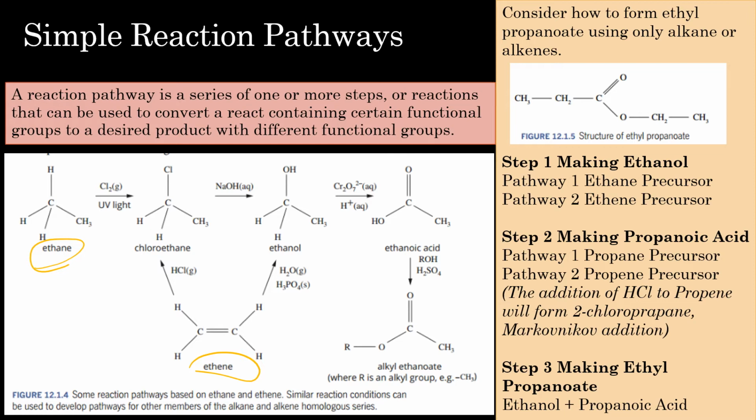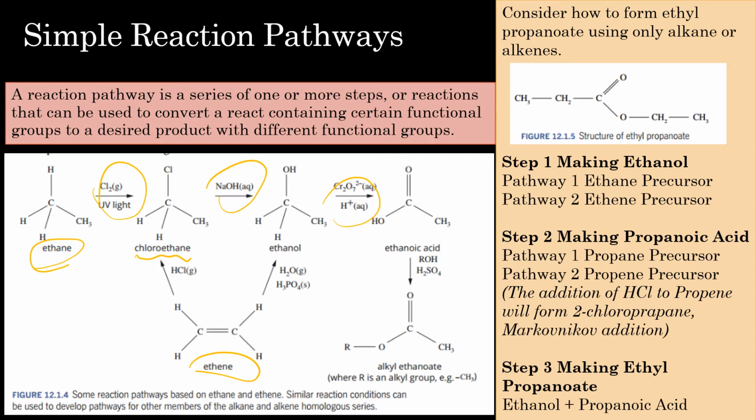So we've got ethane, and we can go from ethane to a haloethane by just adding in chlorine under UV light, and then we can hit it with a bunch of sodium hydroxide to turn it into ethanol. And then we can turn ethanol into ethanoic acid with acidified dichromate solution.